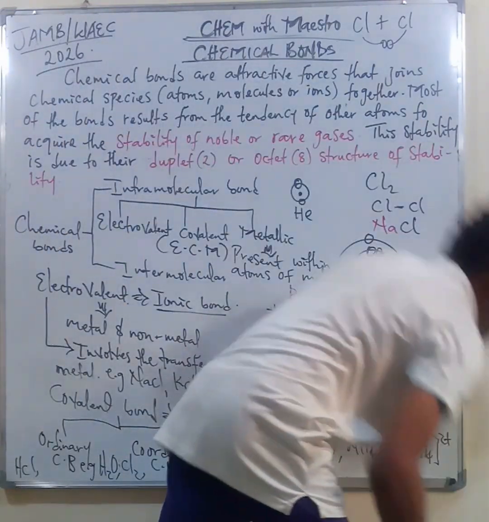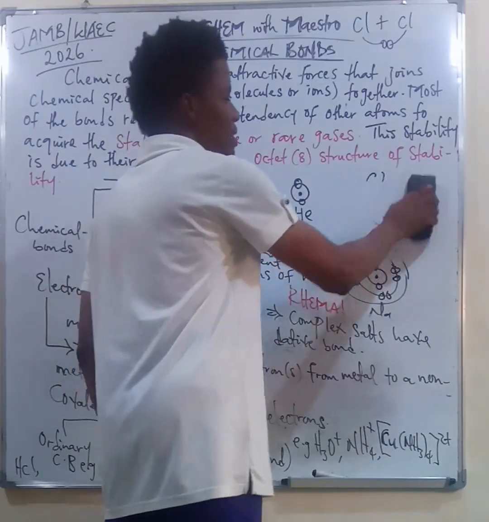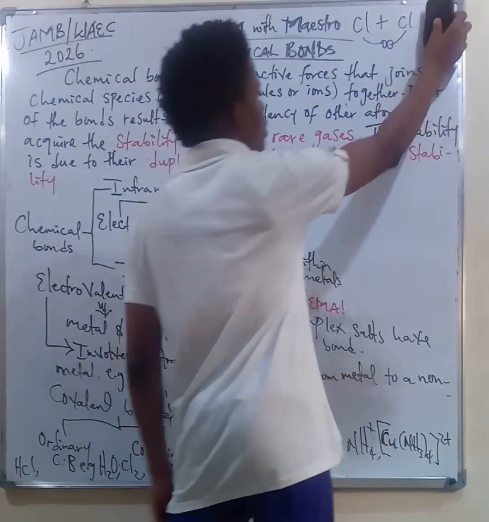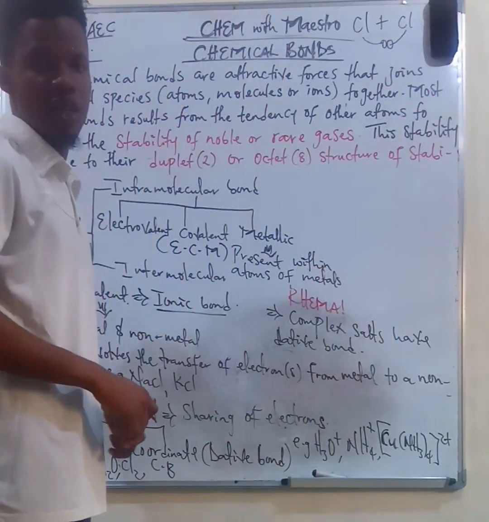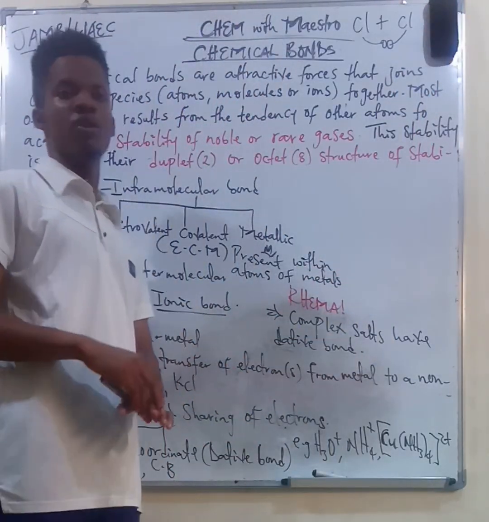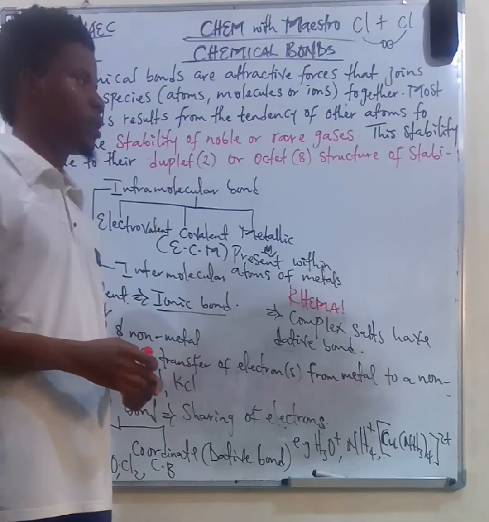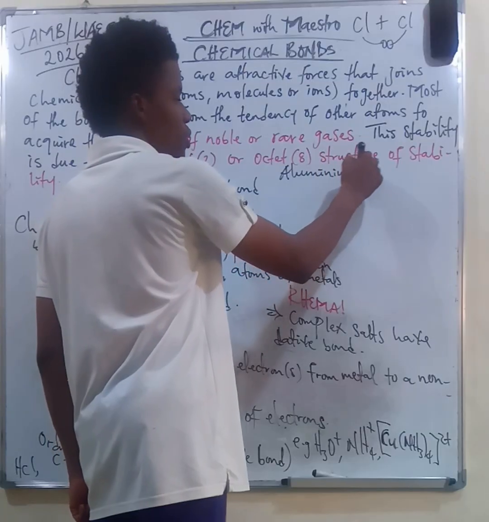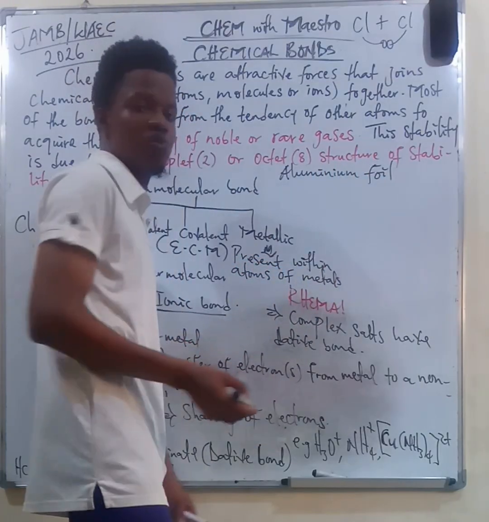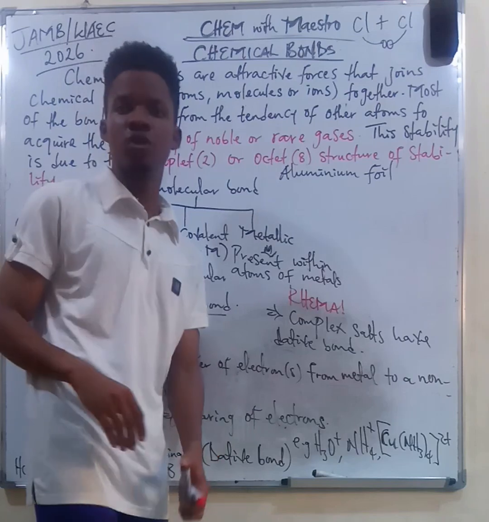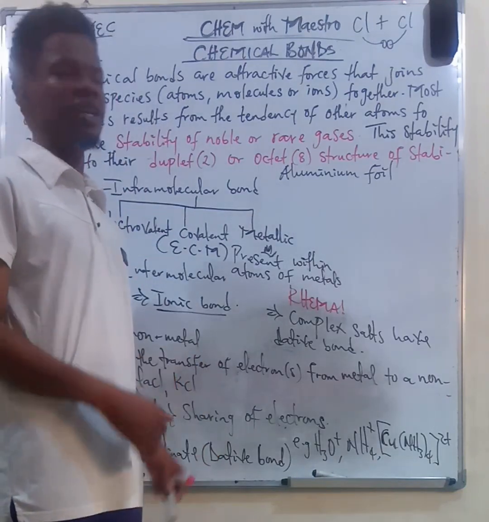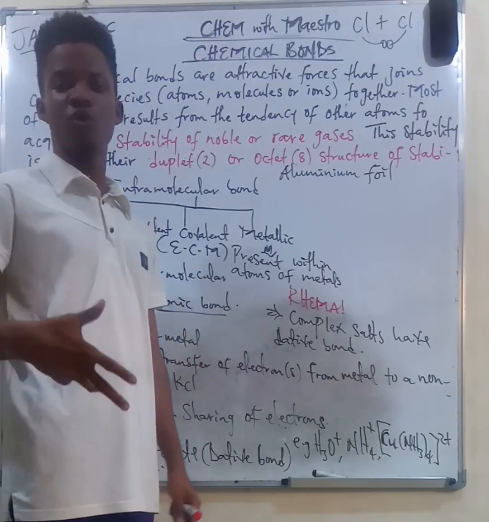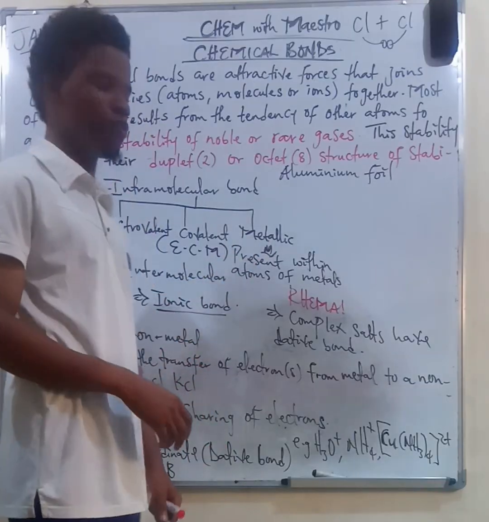So within atoms of metals, we have metallic bond. So if you are given a question and you are asked, what type of bond exists or is found in aluminium foil? Or you might see it this way: what bonds help to hold atoms of aluminium in an aluminium foil? Now, aluminium is a metal. The type of bond that holds the atoms of aluminium is metallic bond.